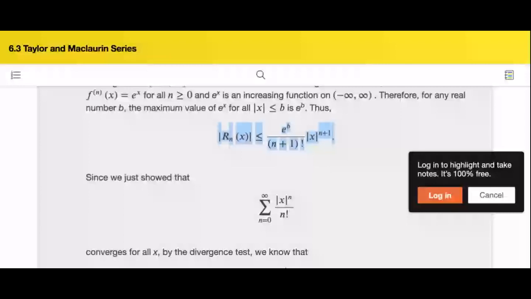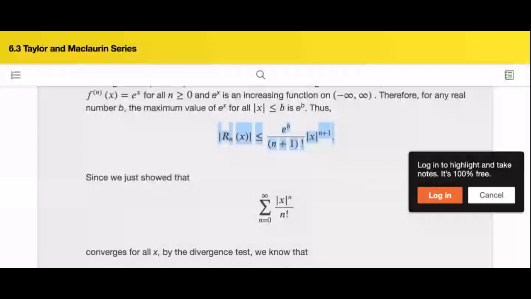Rn equals the nth-order derivative, evaluated at the given point, divided by n plus 1 factorial, multiplied by x minus a, but here the center is 0, so just x raised to n plus 1. Right? And here we have e to the b, because we know absolute value of x is bounded by b.